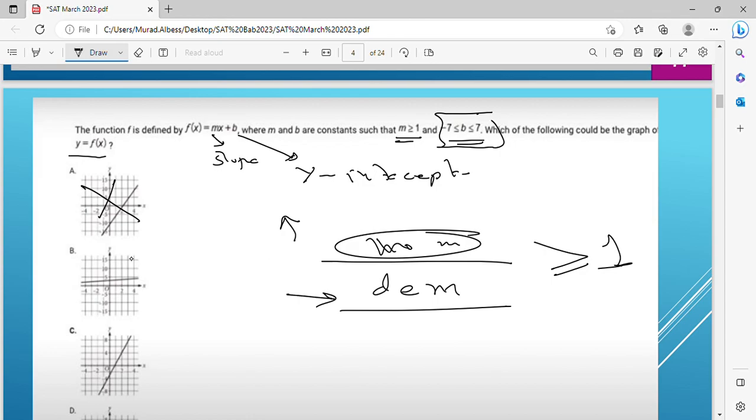So the movement up or down should be more than left or right. Here, if we go from here to here, look, the left or right is greater than up or down. Here, look at that. If I go up and go right, the steps going up are more than the steps going right. So that's greater than or equal to 1. So the answer is C.